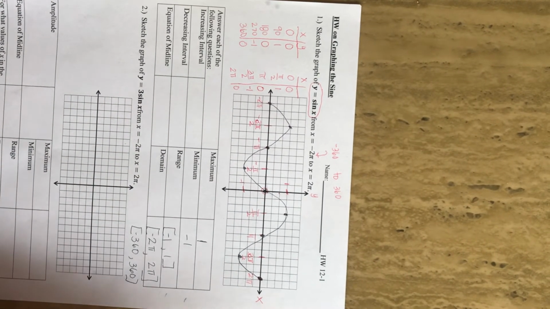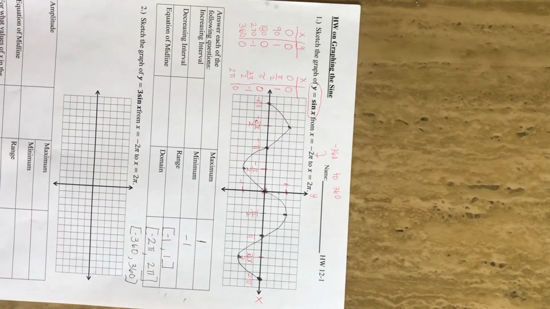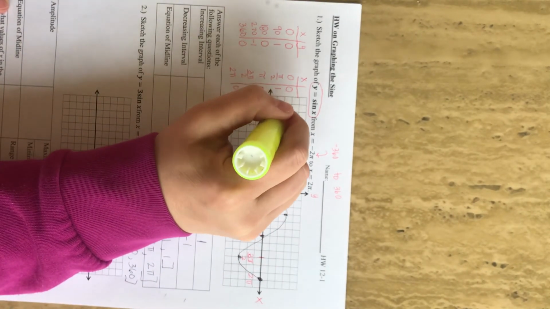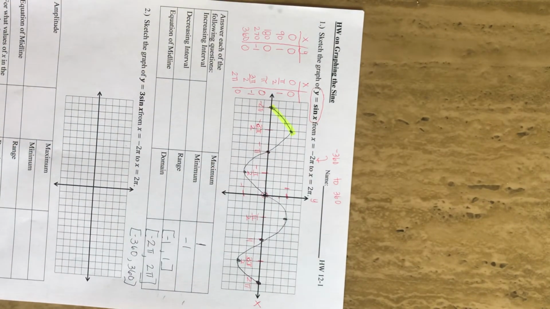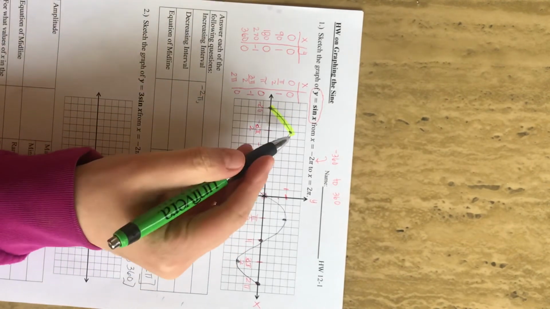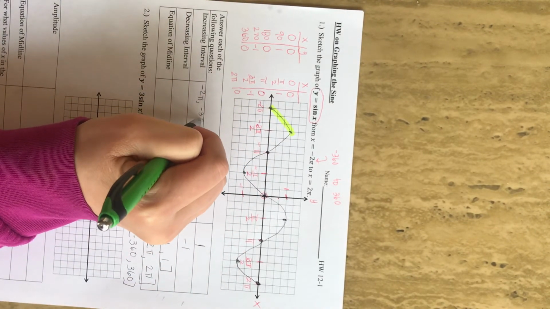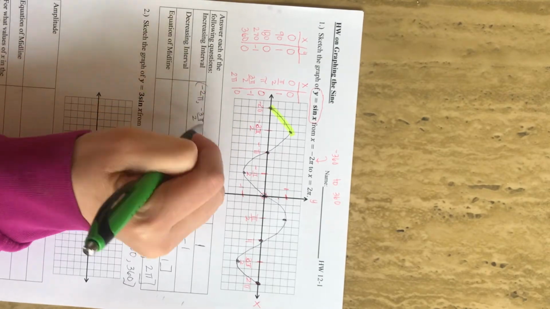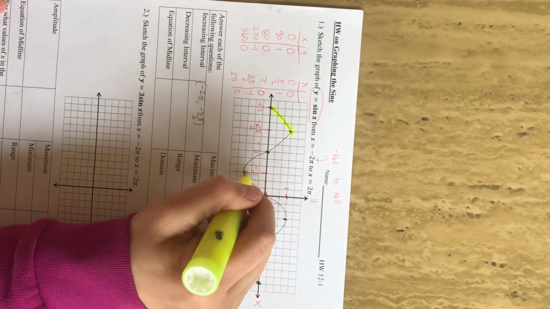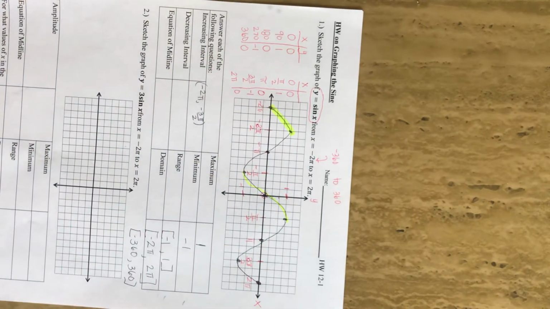Okay, we're going to show where it's increasing. This is the first point. It's going up, up, up. You're on a roller coaster. You're increasing. You're going from negative 2 pi to negative 3 pi over 2. That's one spot where it's increasing. You guys can see right here is another spot where it's increasing.